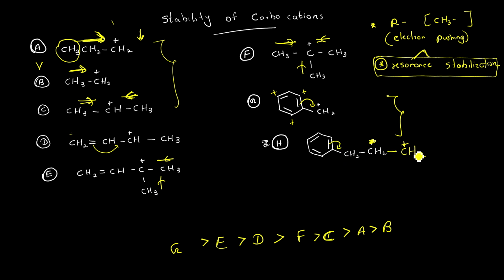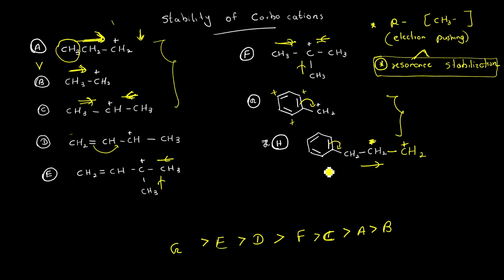So if your positive charge is not connected to your benzene, then the benzene cannot help it because there are components here in the middle. So benzene cannot help this positive charge. So this positive charge cannot form the resonance structures. It cannot delocalize. The only thing it can achieve is the electron push from this R group.